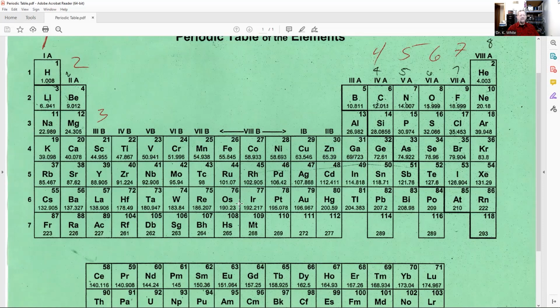Remember, you're trying to find out the atomic number and the atomic mass, to three significant figures, of calcium. And giving everybody time to finish.